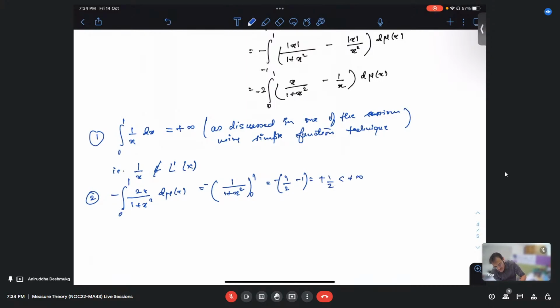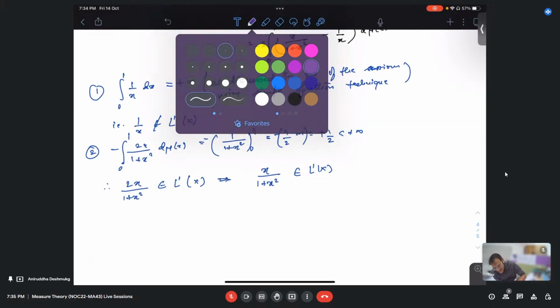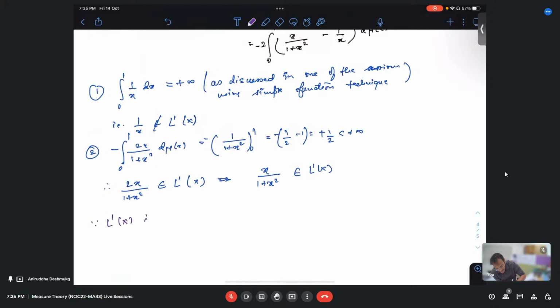And this is a non-negative function. Therefore, 2x over (1 plus x square) is actually in L1, which means x over (1 plus x square) is in L1. Now, we know that L1 is a vector space. If x over (1 plus x square) minus 1 over x is in L1, then 1 over x I can always write as x over (1 plus x square) minus x over (1 plus x square) minus 1 over x.